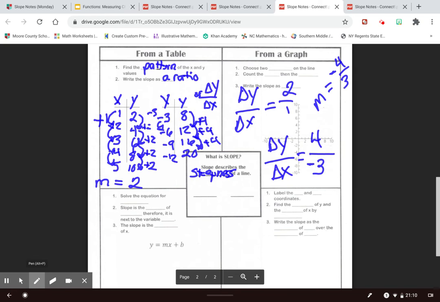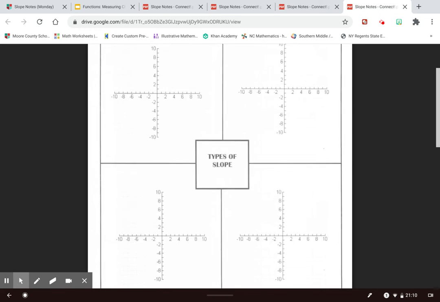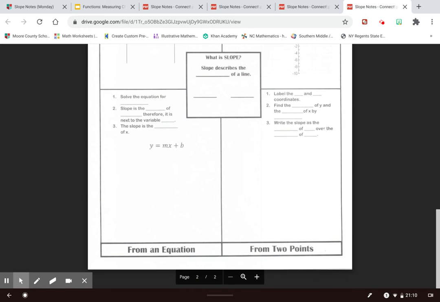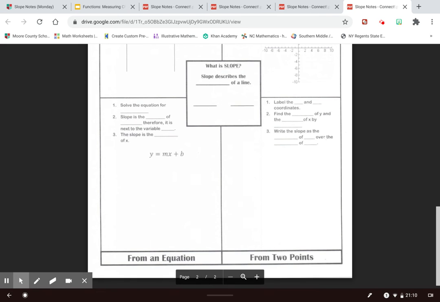And then just real quick, if you look down below at the slope from an equation, okay? So when you read an equation, this is y equals mx plus b. This is the linear function or the linear model where we are solving the equation for y.